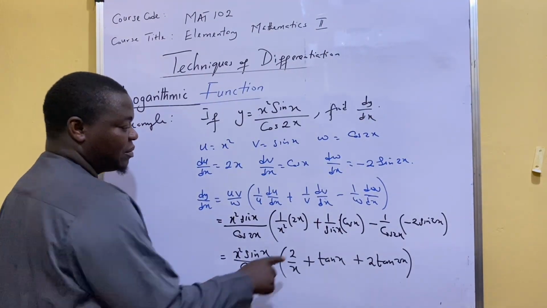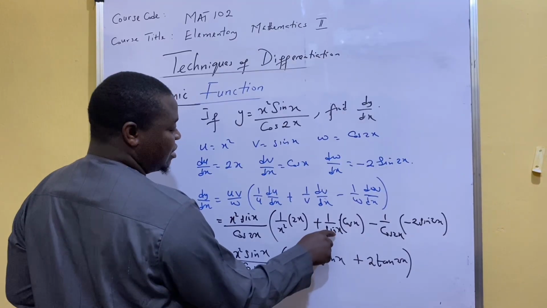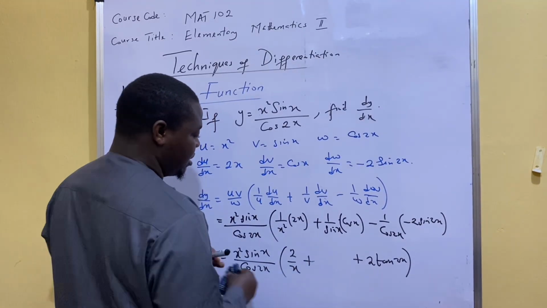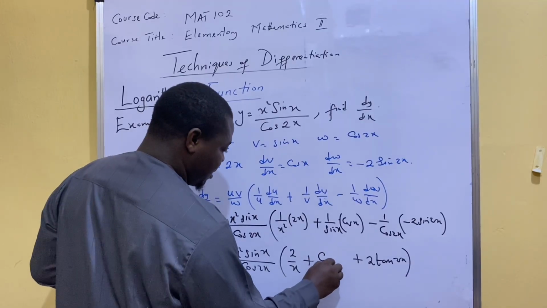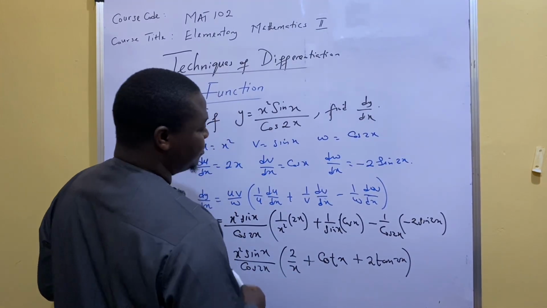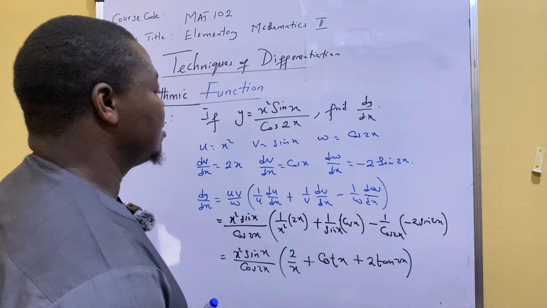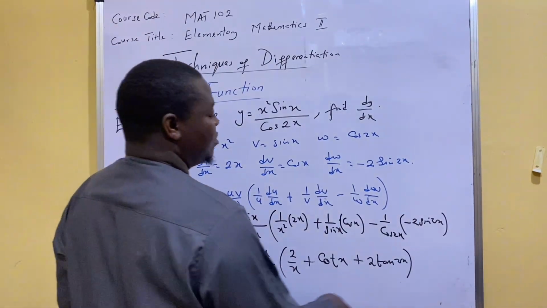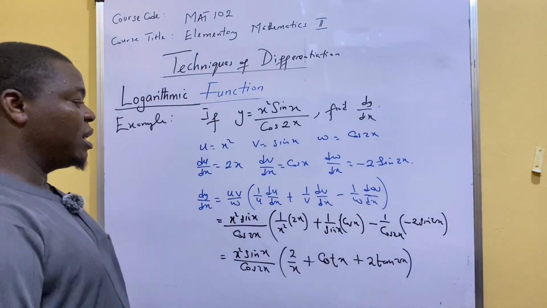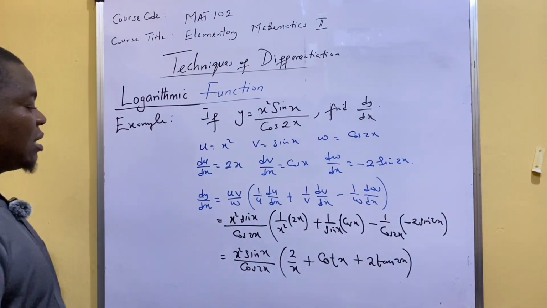There's a problem: here we're having cos over sine, not sine over cos, so this one is cot x. Then here, minus times minus will become plus, and we're having 2 sine 2x over cos 2x, which is 2 tan 2x. Sine 2x over cos 2x is tan 2x.